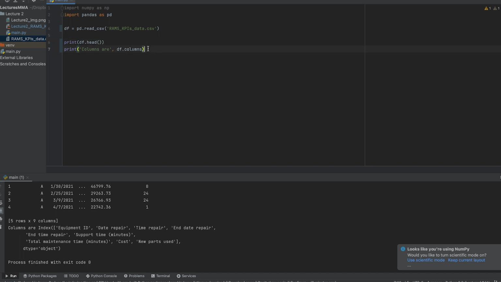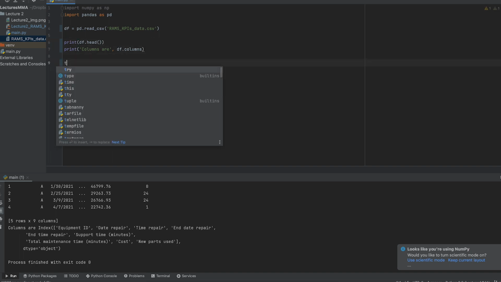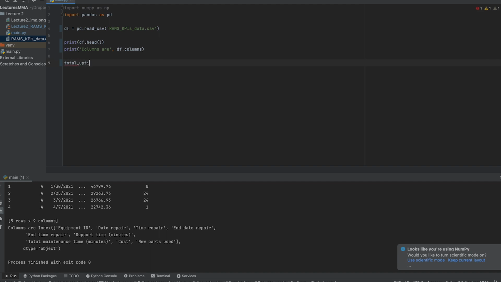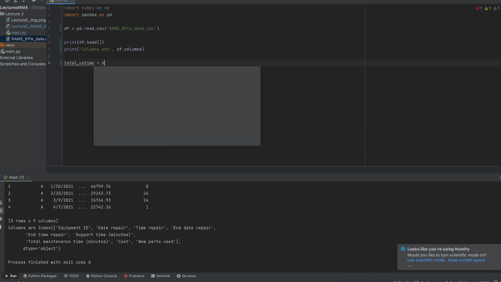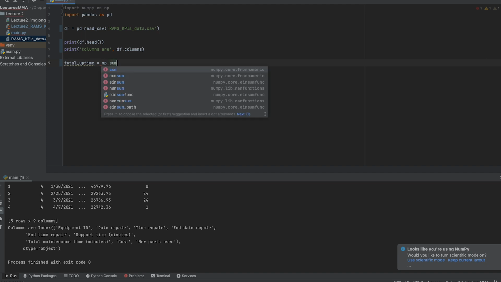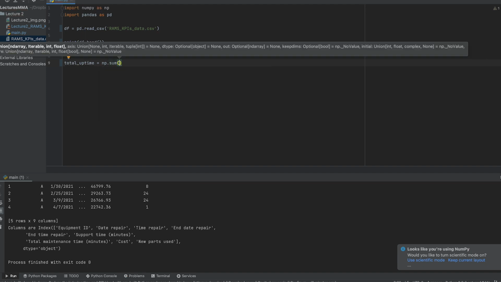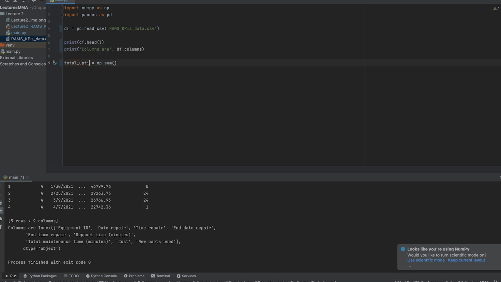Okay, and what we want to calculate is the total uptime to start. And for that, we need to sum the partial uptimes. But since we don't have the uptime, but only the total maintenance time, what we can do is calculate the downtime.